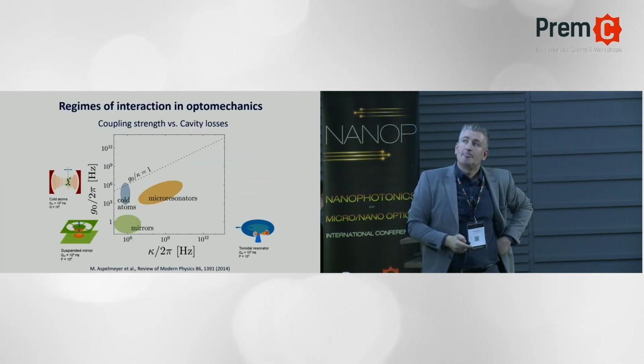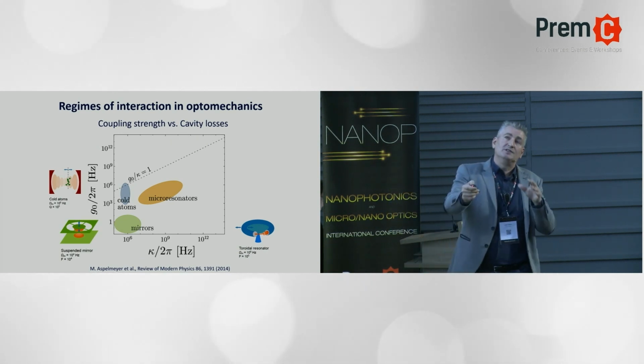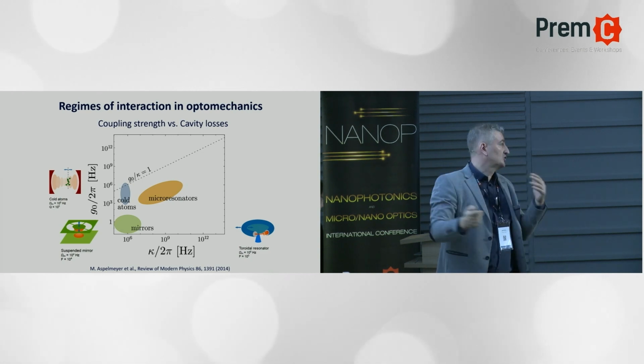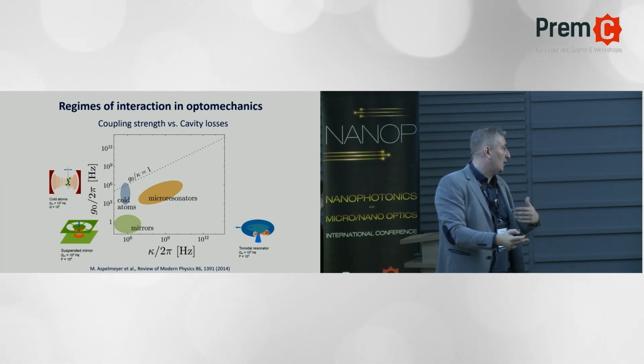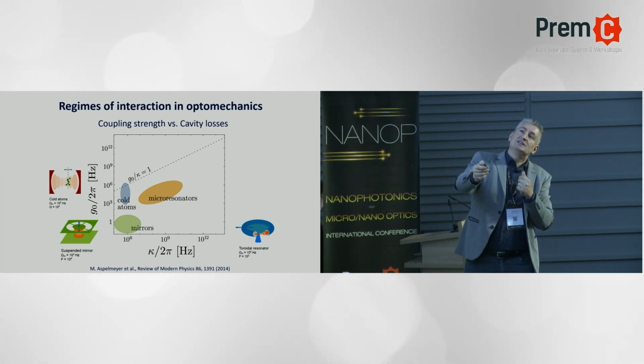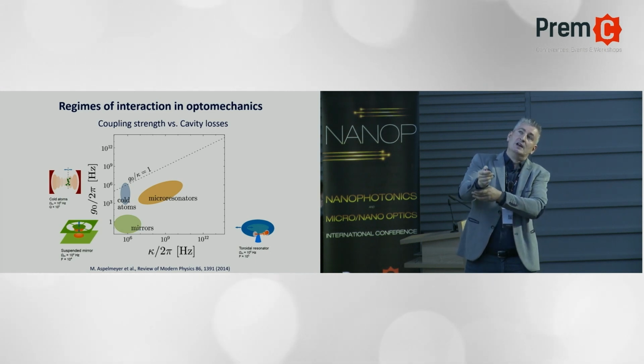Again, okay? Now, in the landscape of optomechanics, if now we plot this optomechanical coupling with respect to the losses of the cavity, how fast we lose these photons, we can establish all this action, optomechanical action of different resonators, right? Cold atoms, mirrors, microresonators.